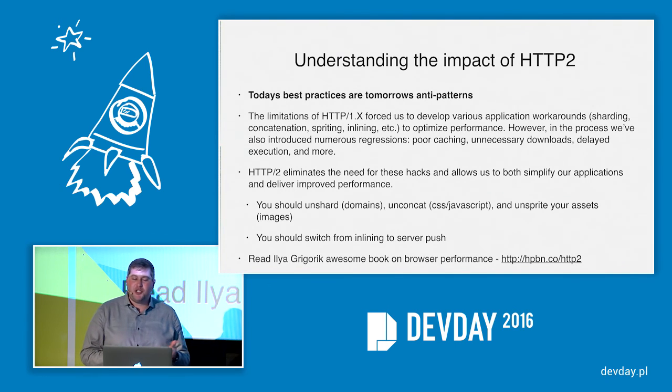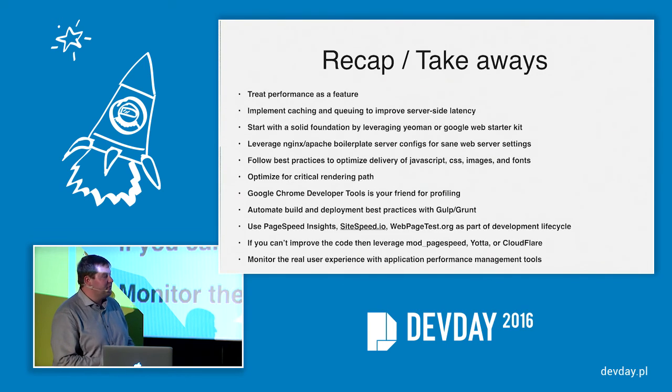So in HTTP2, you should unshard your domains because that's not going to be an effective way to decrease the latency. You should unconcatenate your CSS and JavaScript and unsprite your assets. There's a great book from Ilya Grigorik, who is a developer advocate at Google, on high-performance browser networking. You can get that book for free by going to this URL. It's a really great read if you like performance stuff.